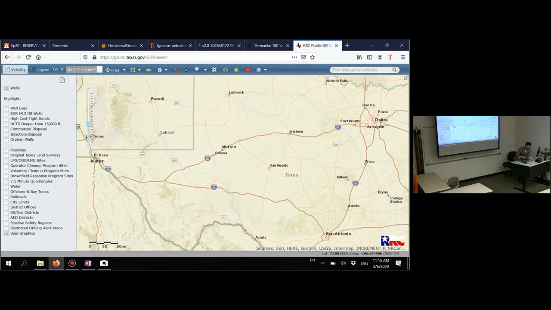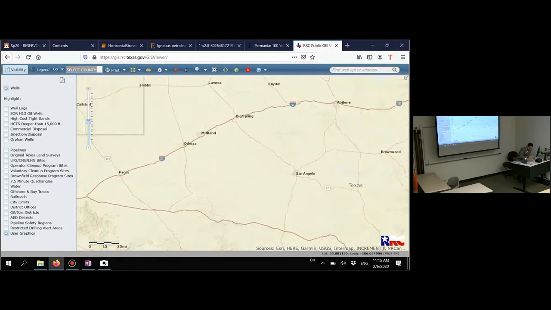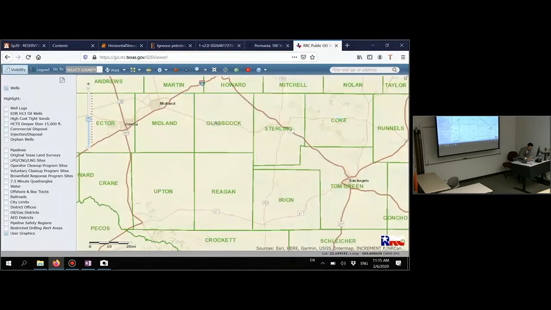Okay. So here, I want to zoom in specifically on a county, Reagan County, because a project was done there a few years ago to see where these hydraulic fractures go. I've been trying to mine some data so we can run that example in class and calculate vertical stress and things like that.